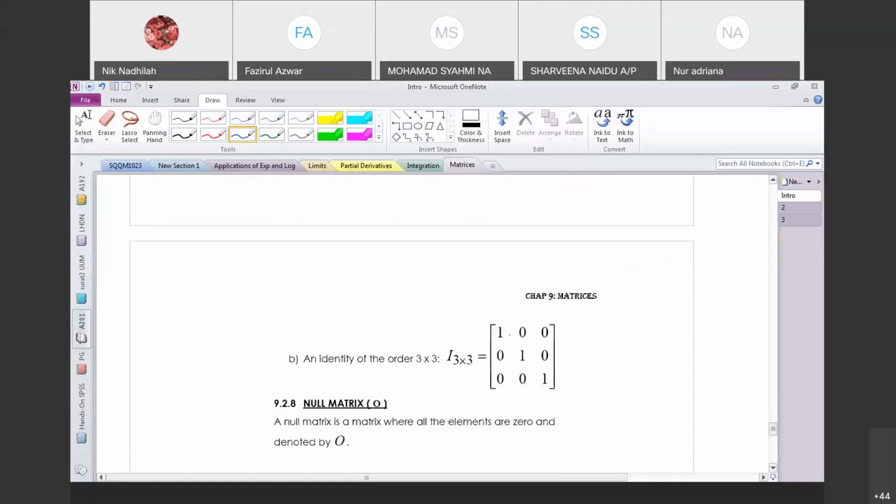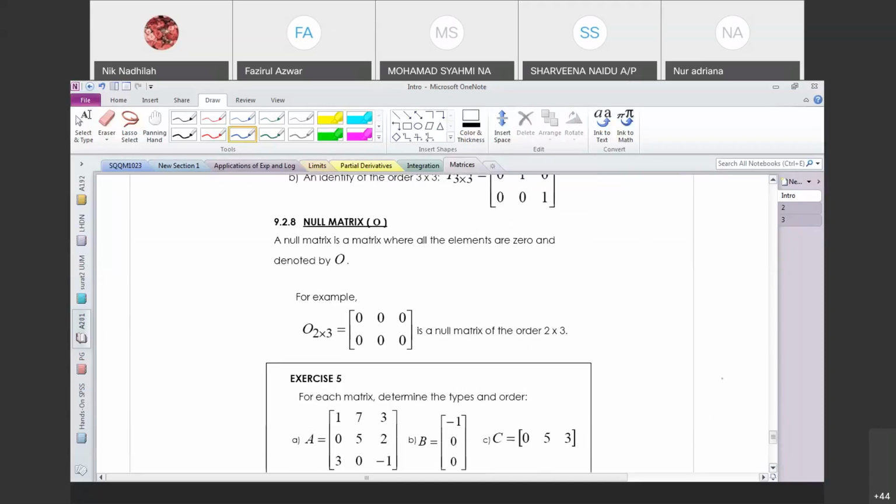Or maybe if you are going to consider a 3 by 3 identity matrix, as you can see, all elements on the main diagonal are 1. The rest must be 0. It can't be any other values.